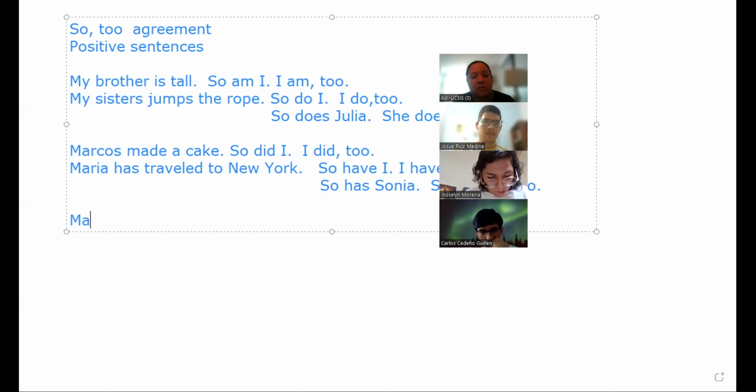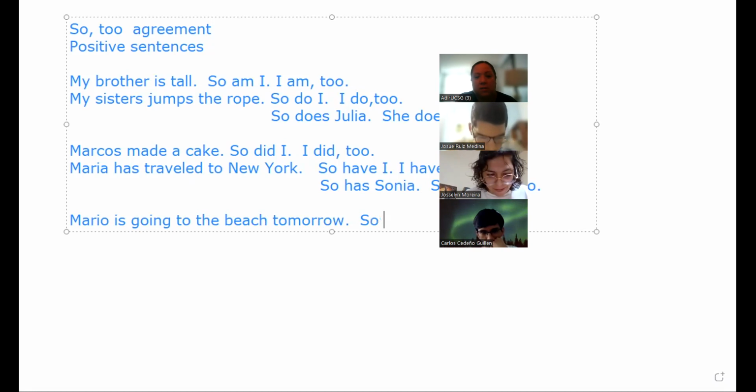For example, Mario is going to the beach tomorrow. In this case, you know that present progressive is with verb to be plus verb ing. You are going to use just verb to be. So am I, the same, or I am too.